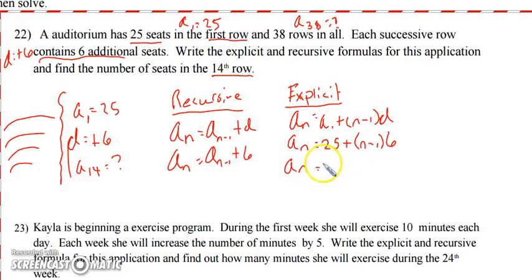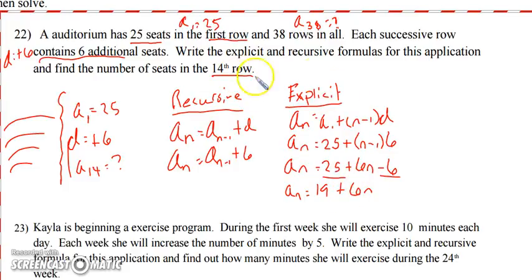Keep going. 25 plus 6 times n is 6n, minus 1 times 6 is minus 6. Now combine your like terms. 25 minus 6 is 19. Bring down your 6n.